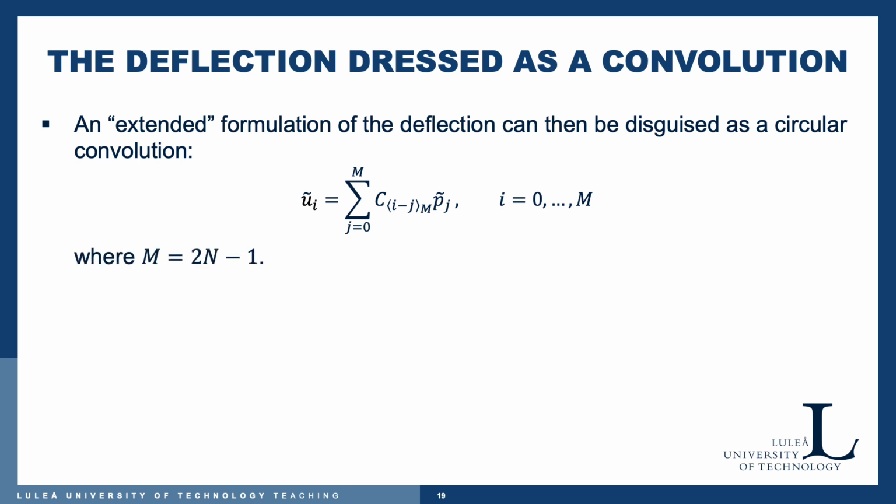And here the summation goes from 0 to m, and I is from 0 to m, and m is actually 2n minus 1.